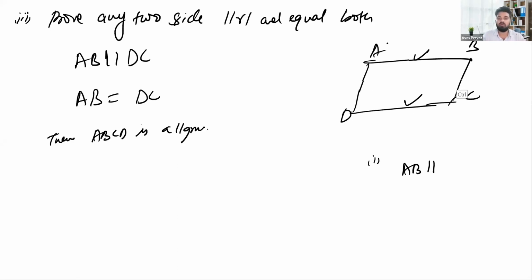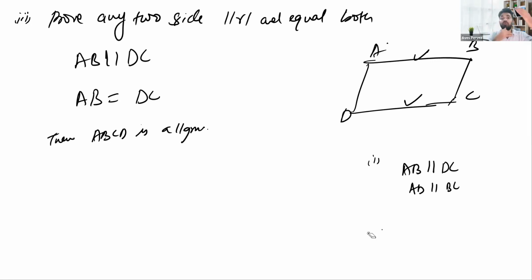Sir, do we need to specifically write which shape it is, a rhombus? No. Therefore, it is a parallelogram, because all of these are parallelograms: a rectangle is also a parallelogram, a square is also a parallelogram.